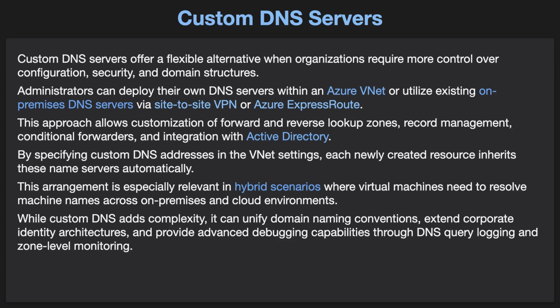This arrangement is especially relevant in hybrid scenarios where virtual machines need to resolve machine names across on-premises and cloud environments. While custom DNS adds complexity, it can unify domain naming conventions, extend corporate identity architectures, and provide advanced debugging capabilities through DNS query logging and zone-level monitoring.